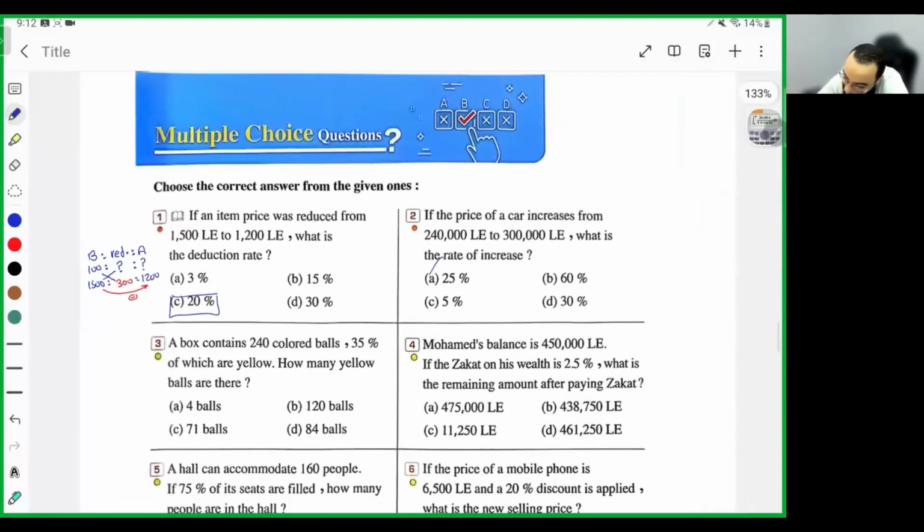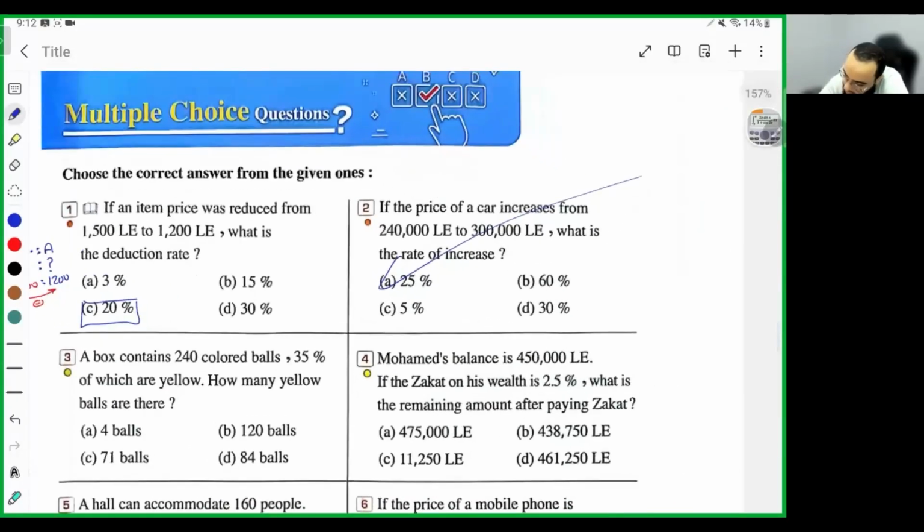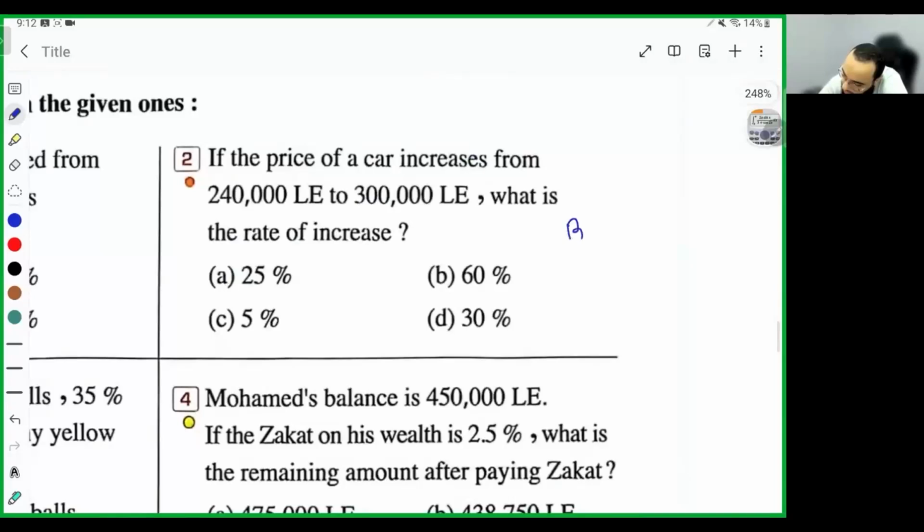And this one is the same. It looks like this, but it's increasing. Let's look at it. It's before, and this is the increase, and after. Always 100 here. He's asking about the increase, and this is unknown. This is before and this is after, because it increased. Then this is before, and after that it increased to 300,000 pounds.